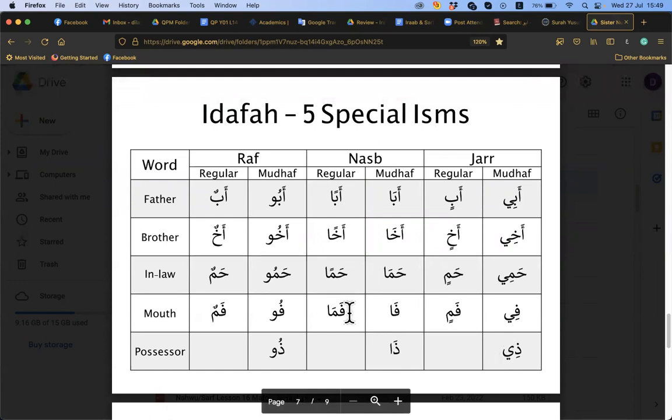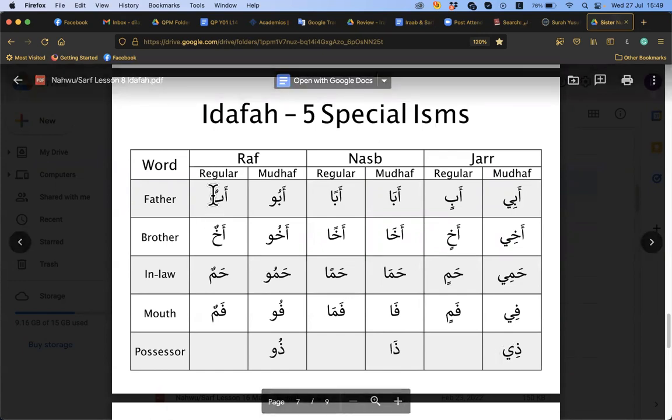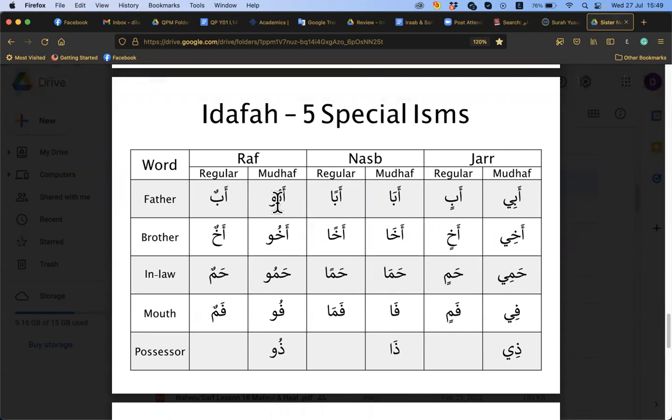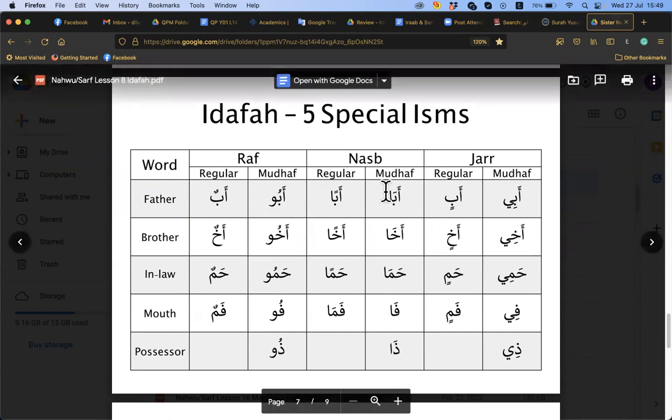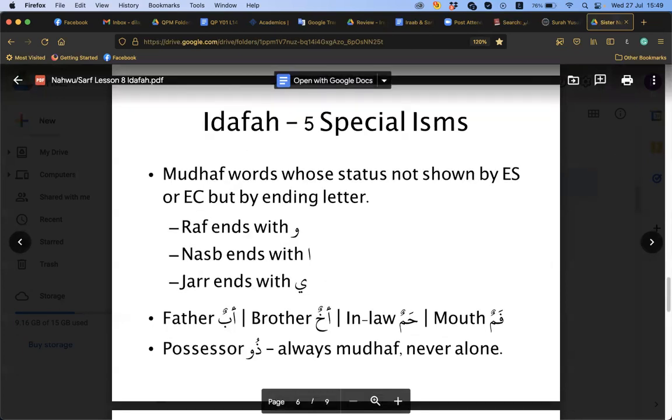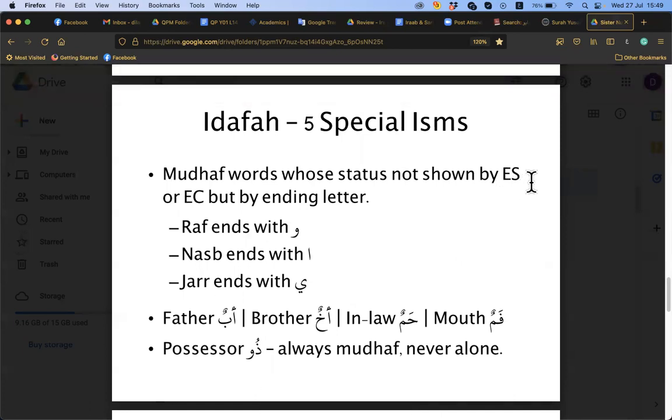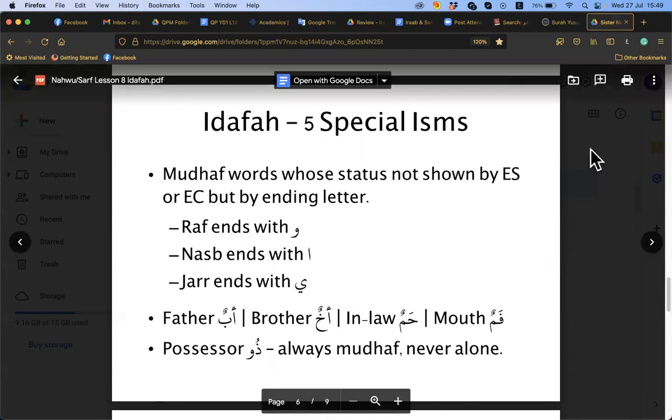It's not just that it must be with a wow. These are father, brother, in-law. We are going to see a lot of this in this surah, especially for father and brother. Asma is the plural of ism.